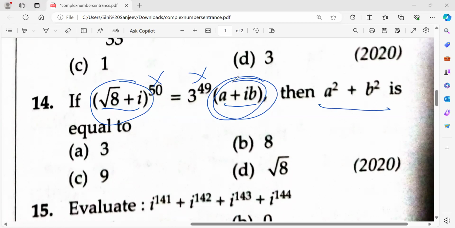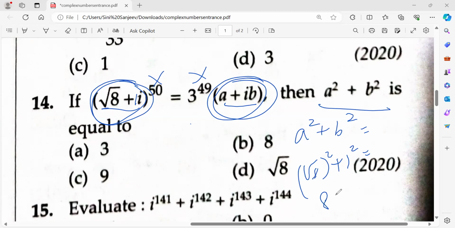So what they are basically doing is a square plus b square, right? So what is root of 8 square plus the coefficient of this 1? Root of 8 the whole square plus 1 square.